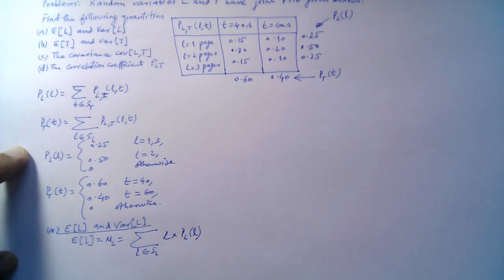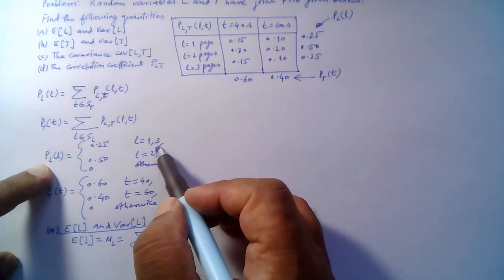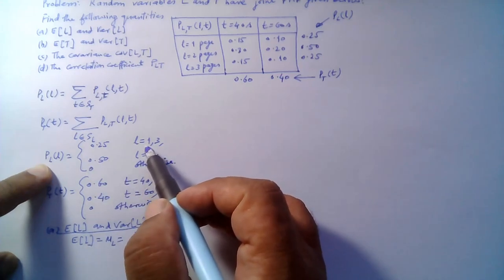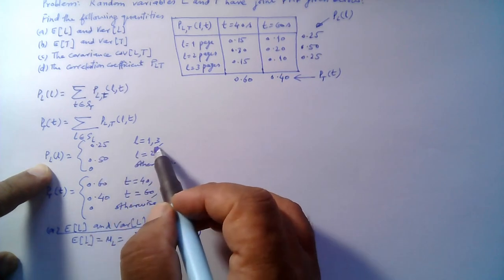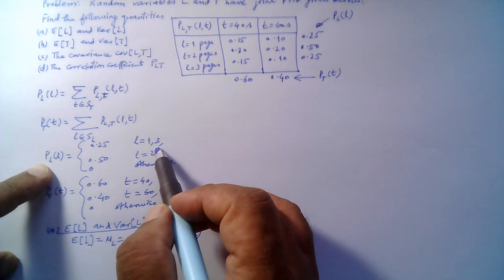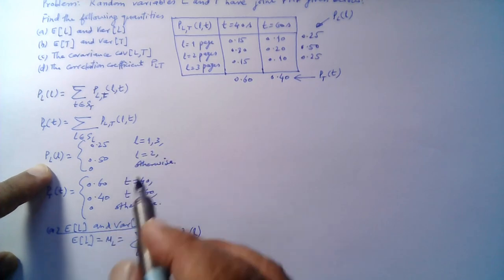So for example, we have this random variable L here. It has three values, 1, 2 and 3. The probability value corresponding to 1 is 0.25, so 0.25 multiplied by 1. The probability value corresponding to the random variable value 3 is 0.25, so 0.25 multiplied by 3, and so on, and we need to sum them together.